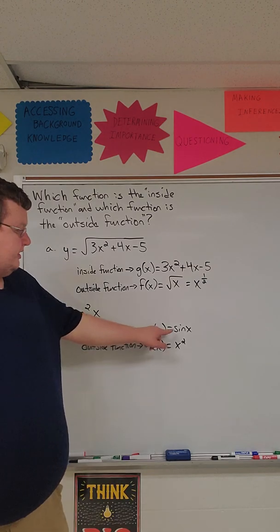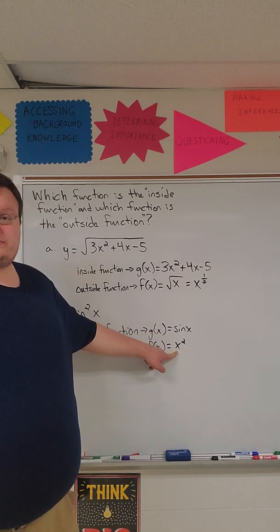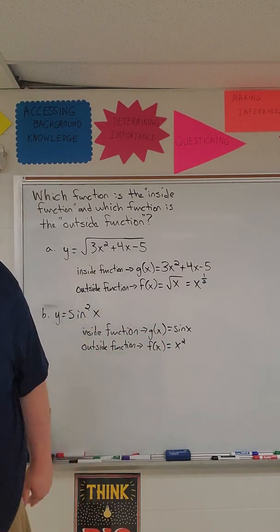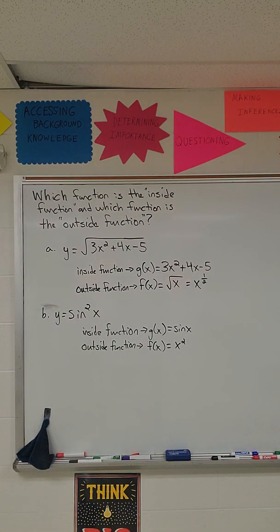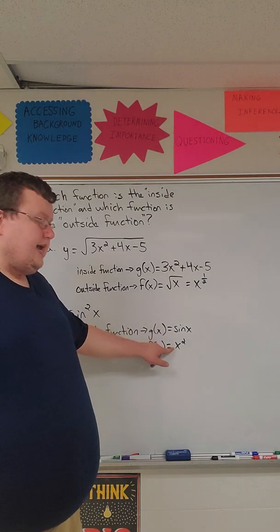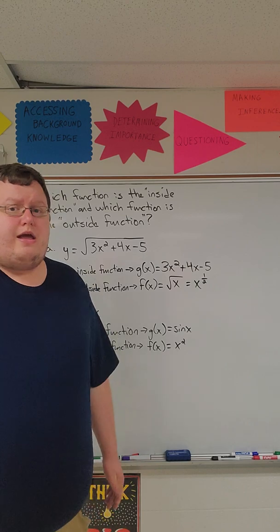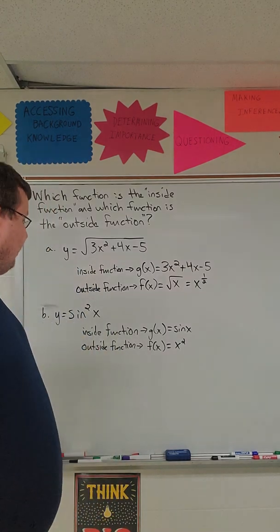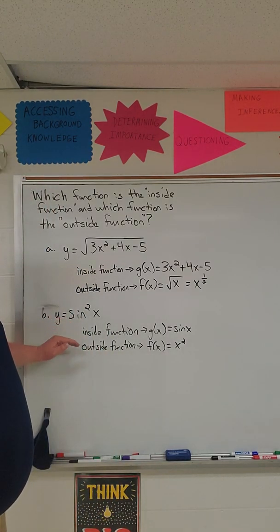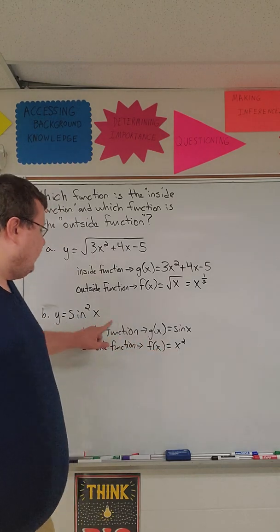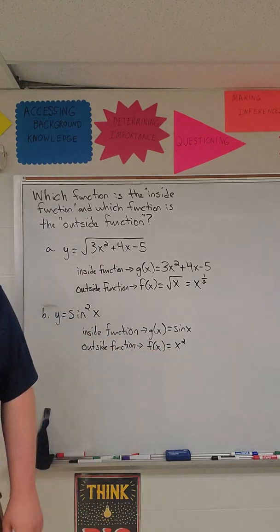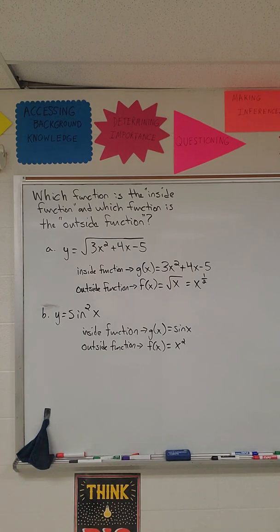If I were to plug sine of x into x squared, I get sine squared x. Okay? You're taking this function g and plugging it into f. Okay, we're thinking ahead to the notation, f of g of x. Think back to what we were just talking about. If we plug sine of x into this x squared function, we get sine squared x. Okay? With powers on trig functions, the trig function will be your inside function.